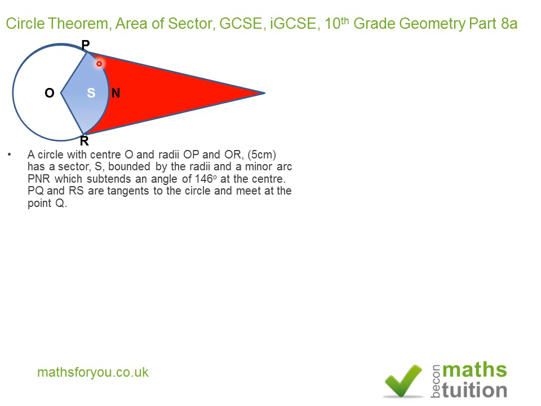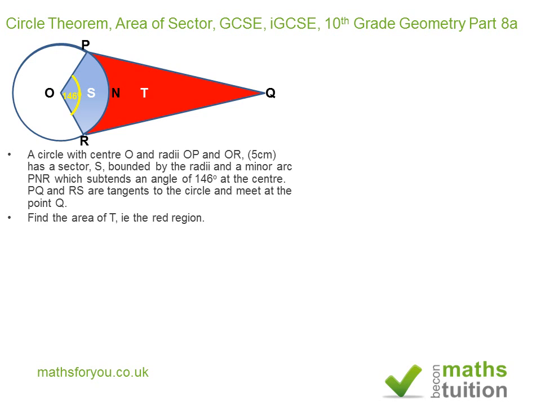Now this arc subtends an angle of 146 degrees at the center. We've also got a tangent PQ and a tangent RQ. We are asked to find the area of this region in red, described as T.